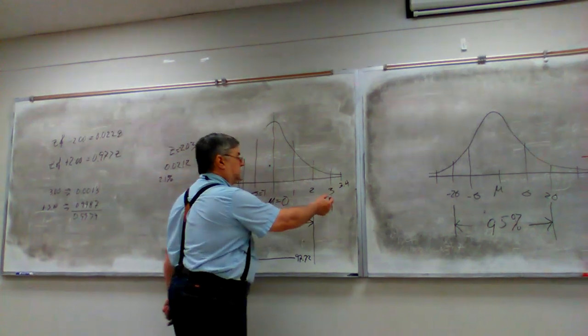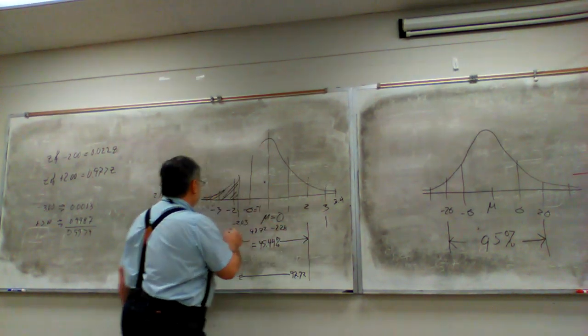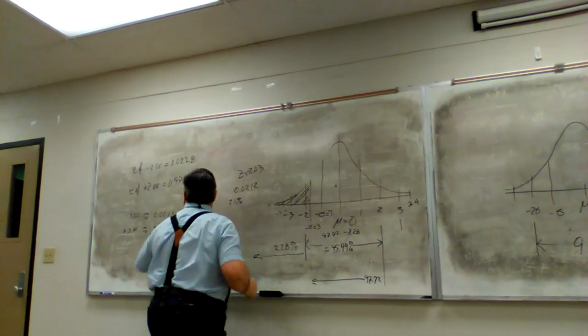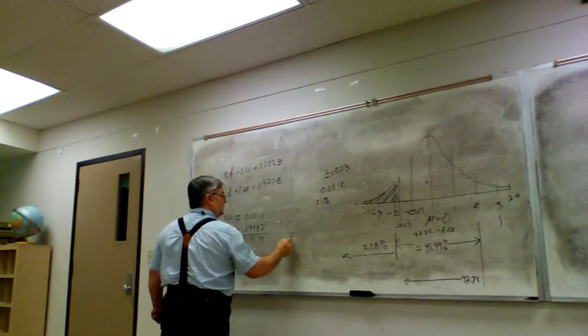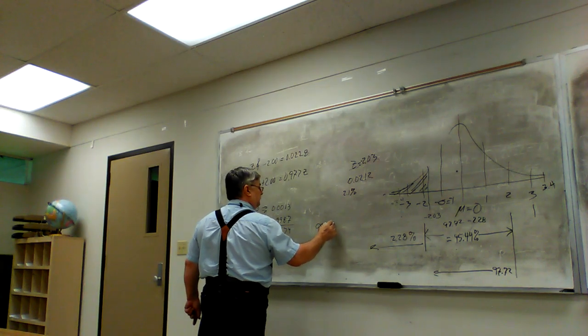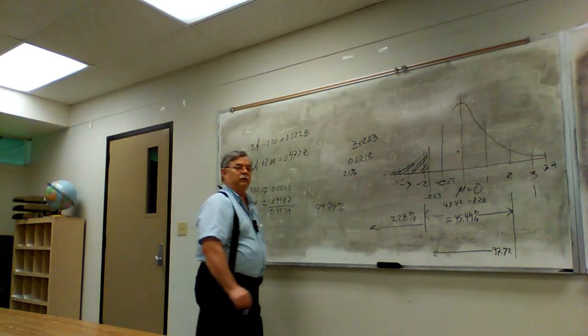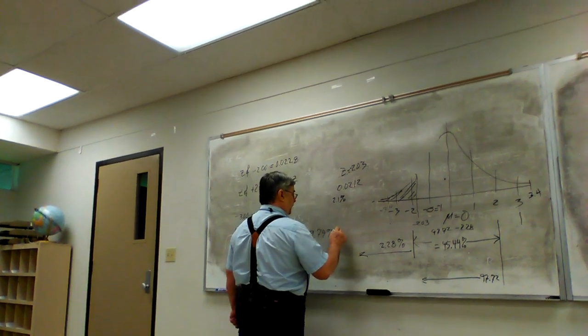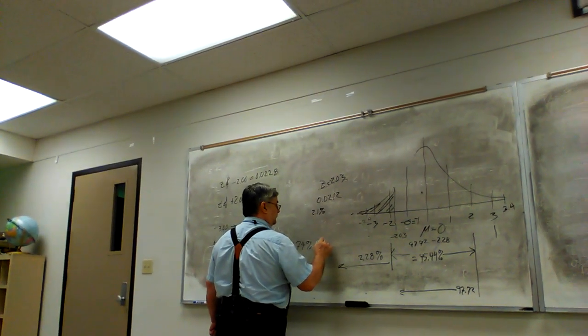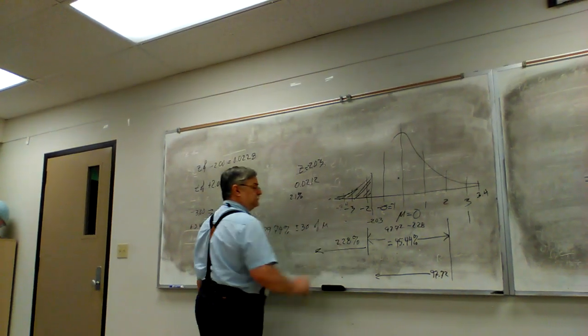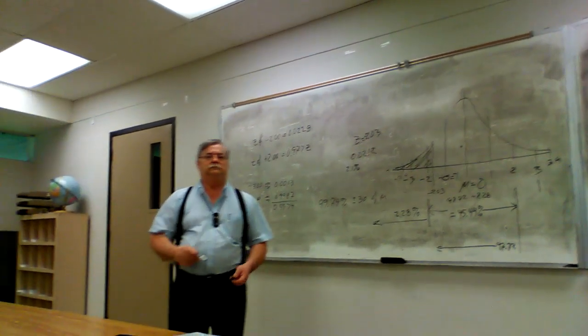That means you're 3 standard deviations above the mean, or 3 standard deviations below the mean. This tells us that 99.74% of a normally distributed population will be between plus or minus 3 standard deviations of the mean. Okay?